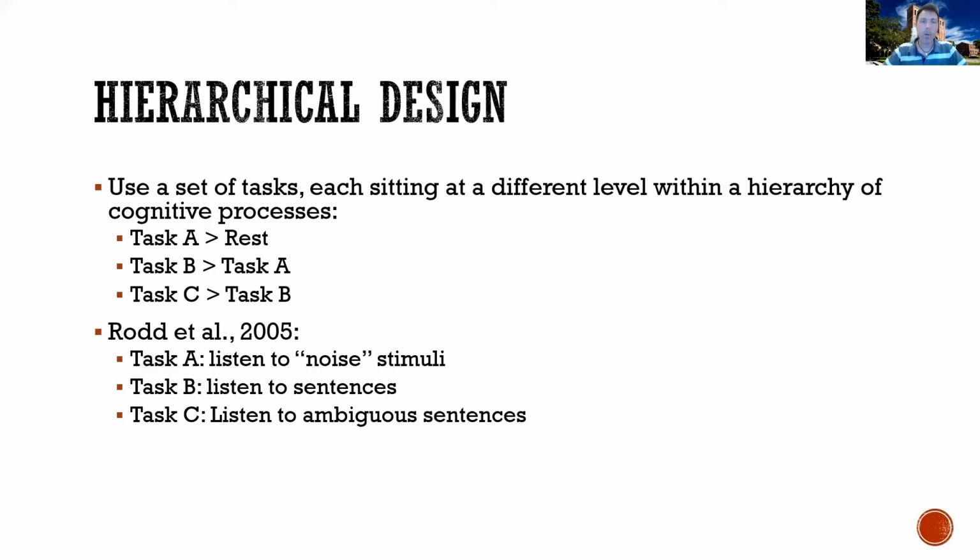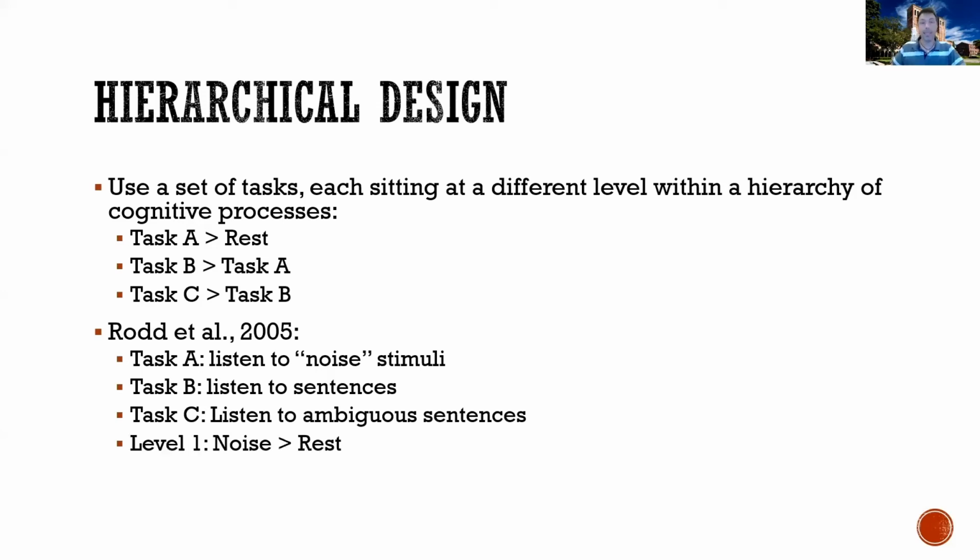Task A was just to listen to noise stimuli. Task B would be to listen to sentences. And then task C would be to listen to sentences that contained ambiguity. And you'll notice that each task, in a sense, is a little higher in the cognitive hierarchy of processing sounds and turning them into meanings.